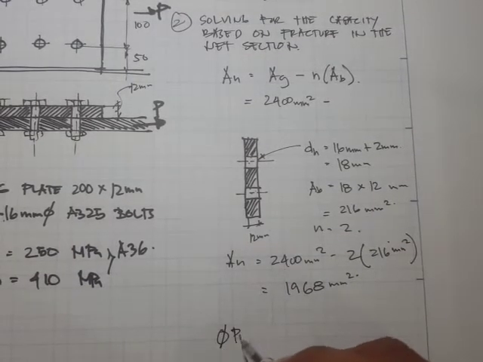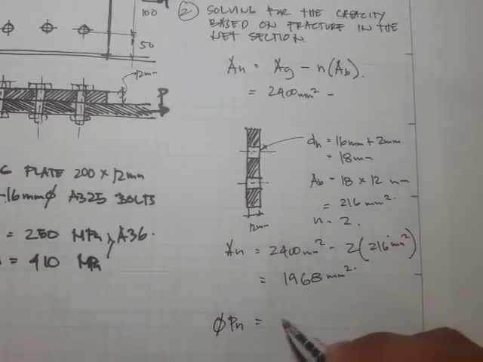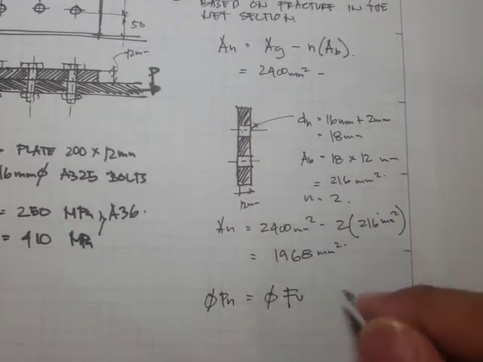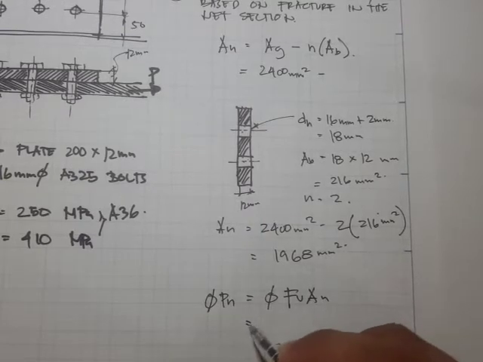Now let's apply the equation for the limit state. That's going to be the reduction factor times the ultimate strength times the net area.